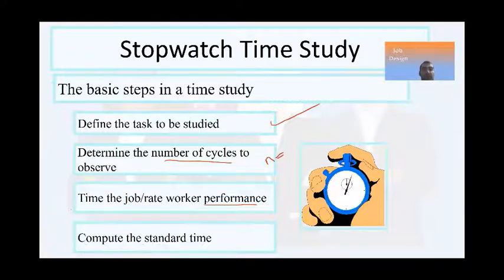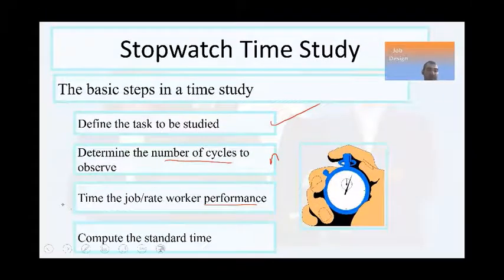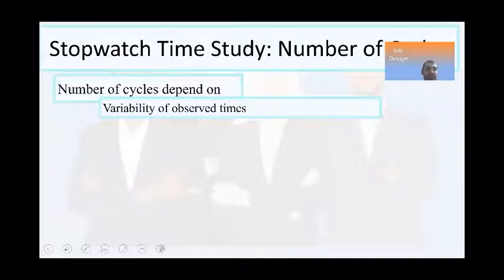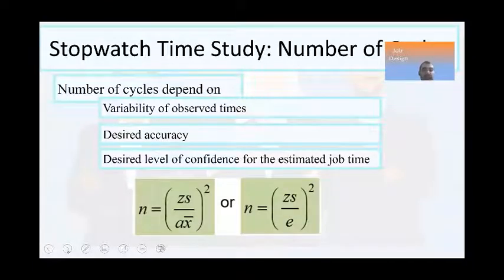Now we're going to be focusing on n, how to find n. It's the number of cycles to observe. The number of cycles to observe is going to be defined by these two equations.